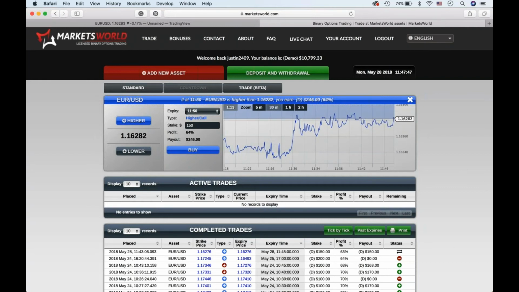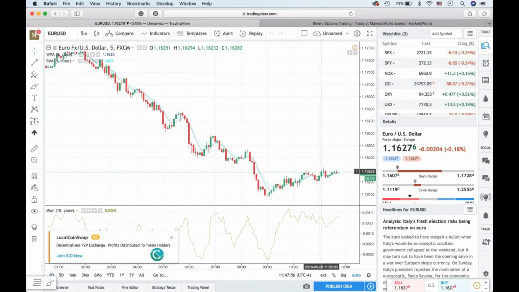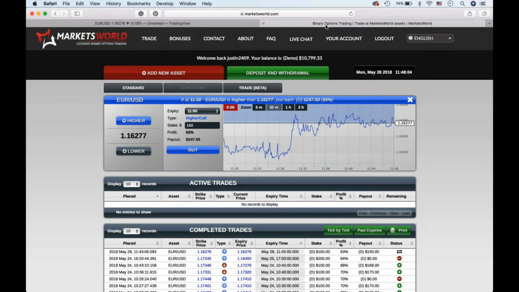That actually could have been a nice profit here. Still stuck in this break-even one just because it kind of lagged. That's the thing with demo accounts. You can't ignore it, but that's okay. As long as you're not losing, it's great.